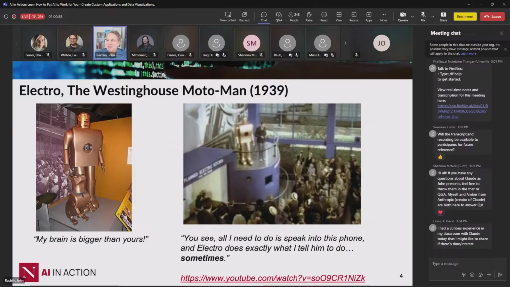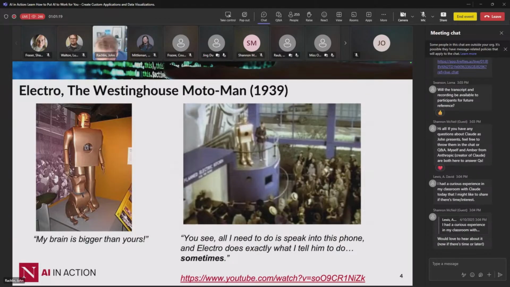That's actually maybe a pretty good description of how we in the modern world will begin to interact with Claude and other large language models. We simply declare what it is we want it to do, and usually it will do what we tell it to do. Sometimes we need to do some refinement, but generally speaking, it will do what we want it to do.